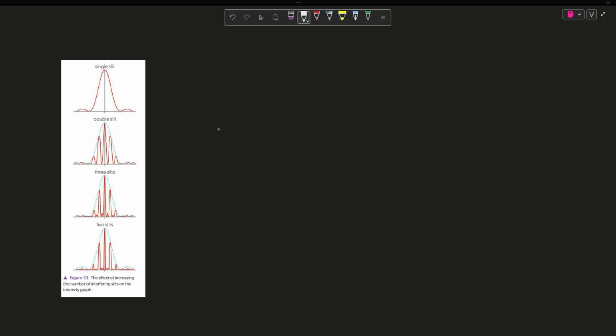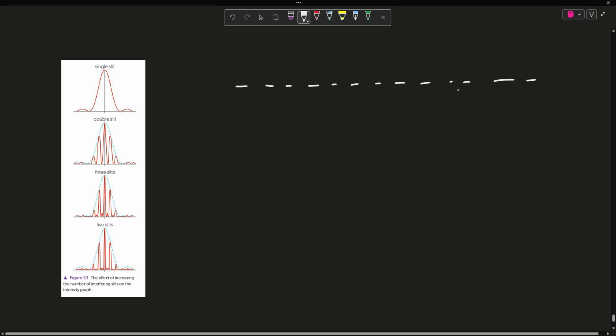You also need to know about interference when there's lots of slits, and the amount of slits is called n. And when n increases, bright fringes stay in the same place but become narrower, and the intensity of these fringes is proportional to n squared. So if you look at this drawing here, this is the effect of increasing the amount of slits.